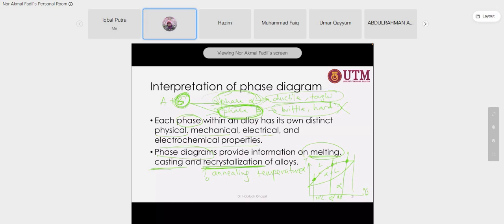So at least you know the 55 degree is not the annealing temperature. It may be the annealing temperature for some materials, but not for all. Okay, now you know it's not one single temperature for the annealing process. The annealing process temperature depends on the material. What else information? How to determine the annealing temperature of any materials?